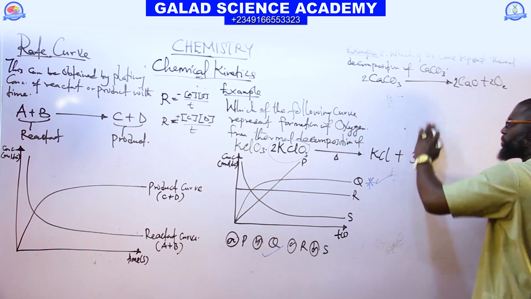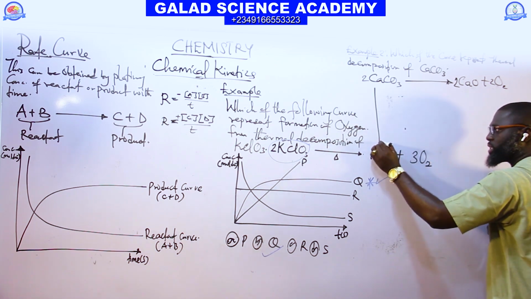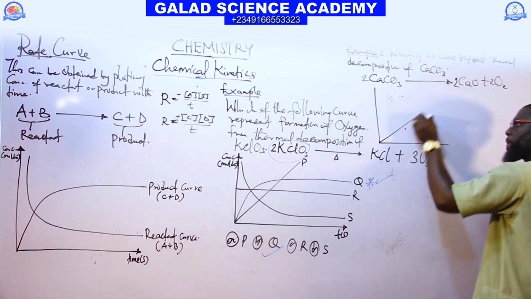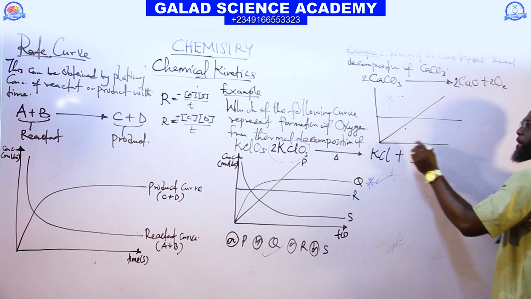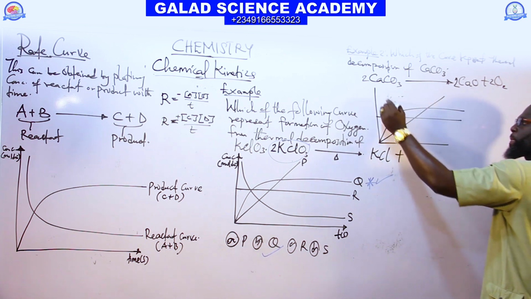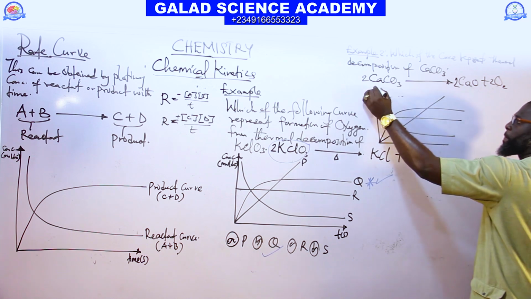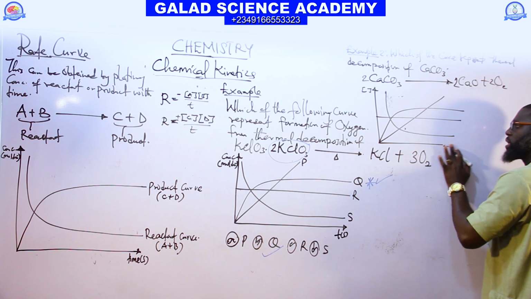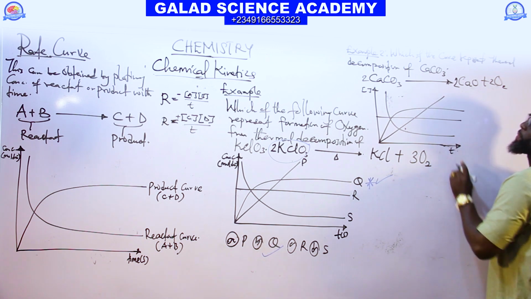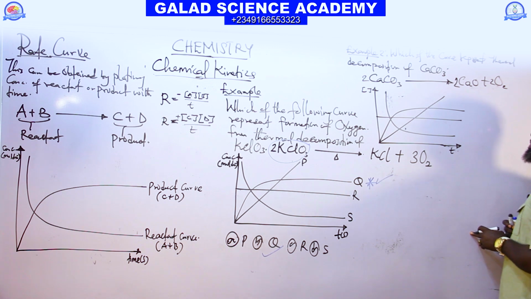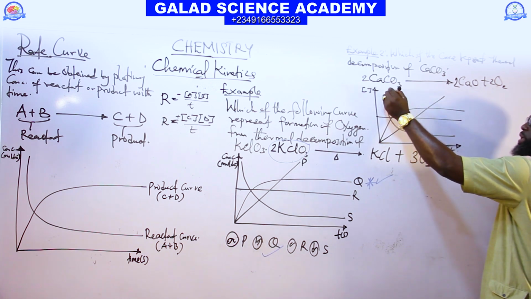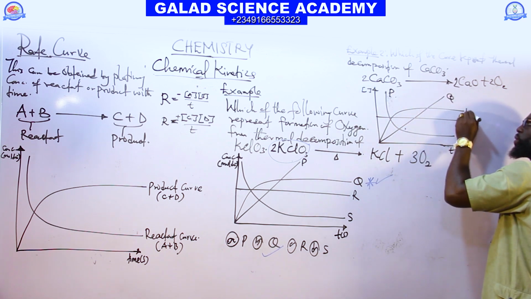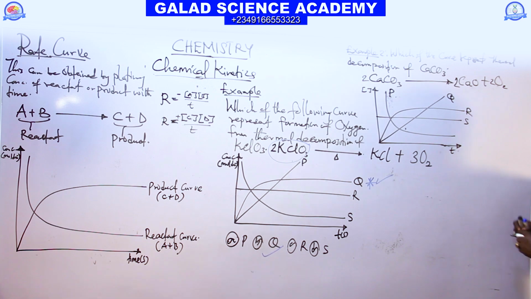So assume we are given this graph of concentration against time. So we have options P, Q, R, S again.